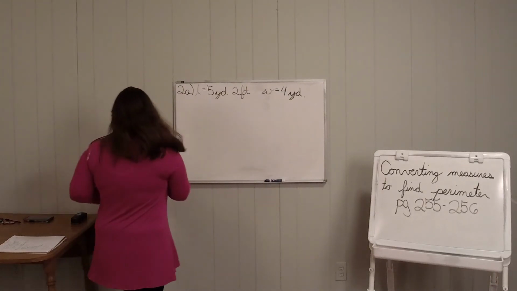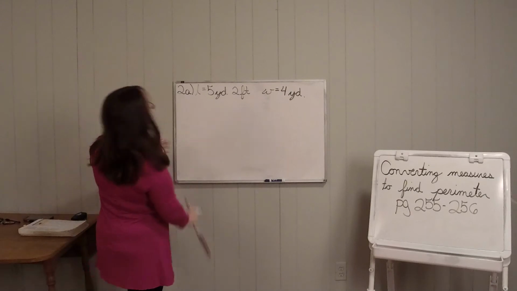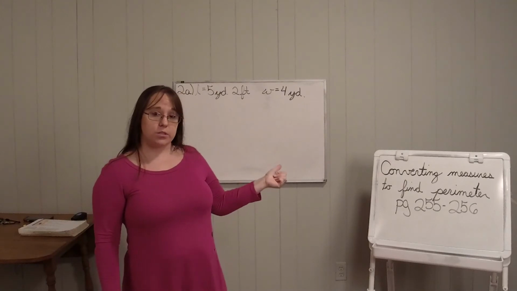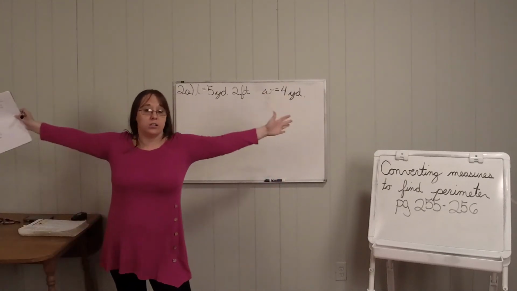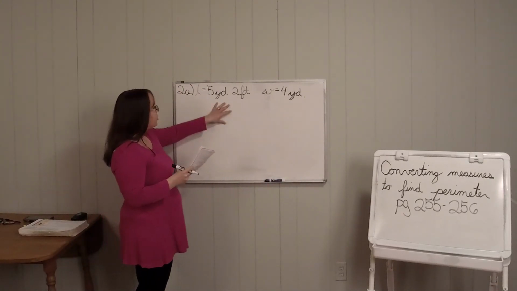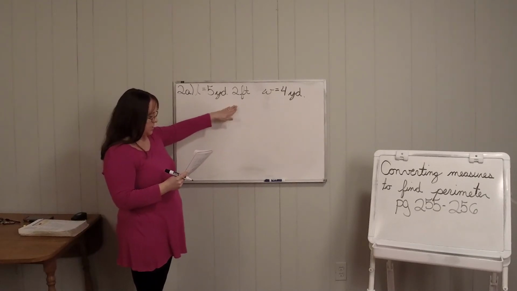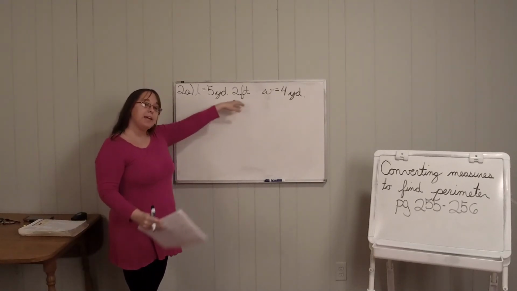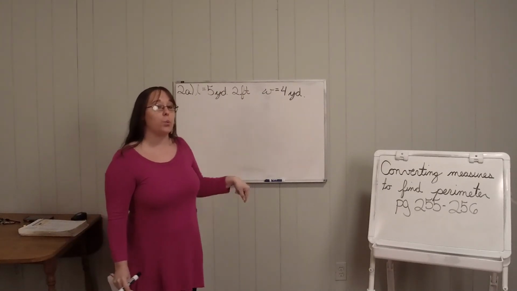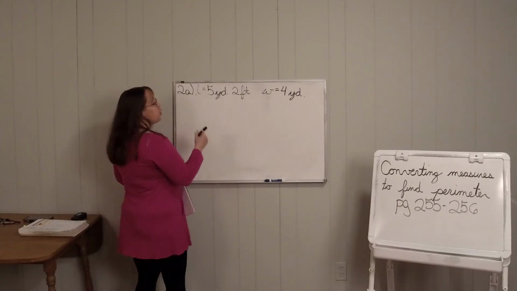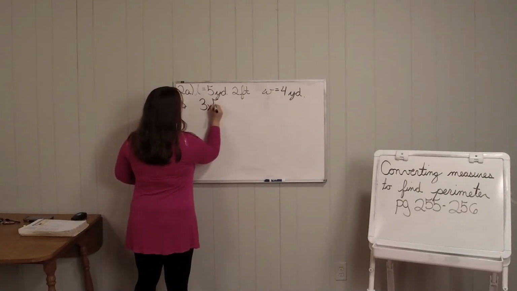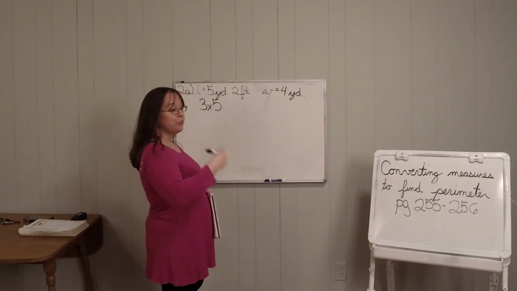Alright, so if we look at these, yards or feet, which is the smallest measurement form? Think about it. Yards or feet, it's going to be feet. So you have to turn your 5 yards and 2 feet into just feet. Think about how many feet are in 1 yard. There are 3 feet in 1 yard, so you would say 3 times 5, because you're going from yards to feet.